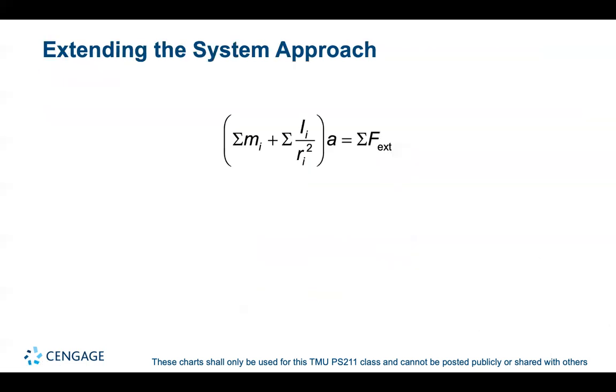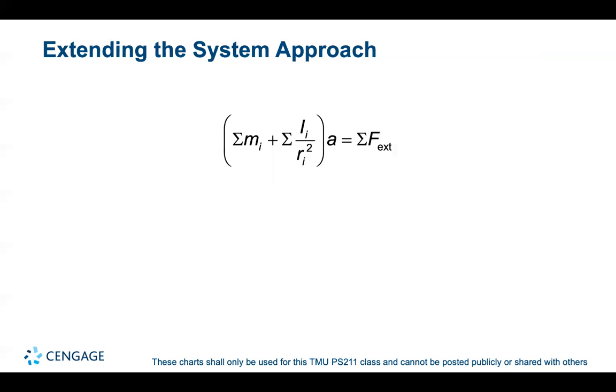So in the systems approach, all masses in the system accelerate at the same rate under external forces. The masses are connected by internal forces, for example, tension, which can be disregarded because they come in equal and opposite pairs.